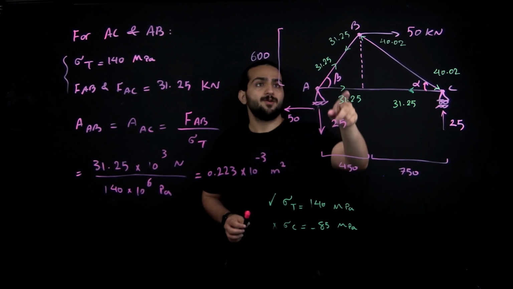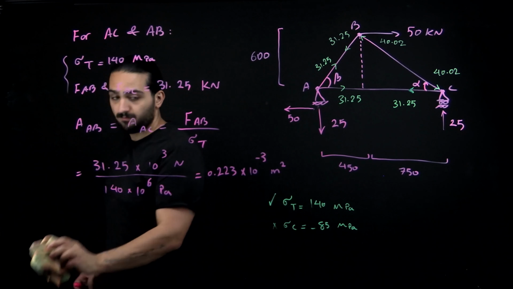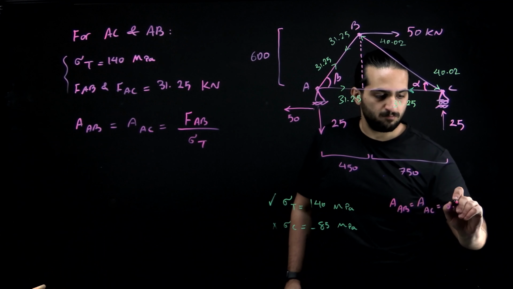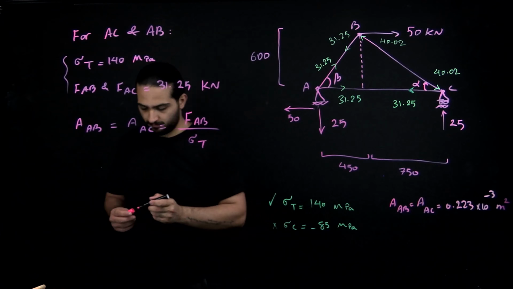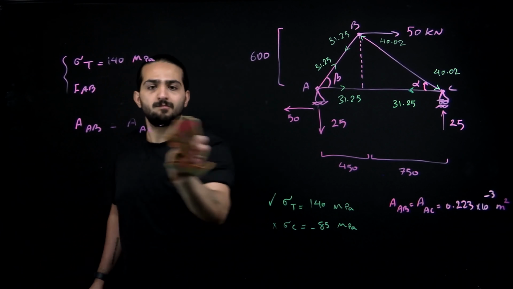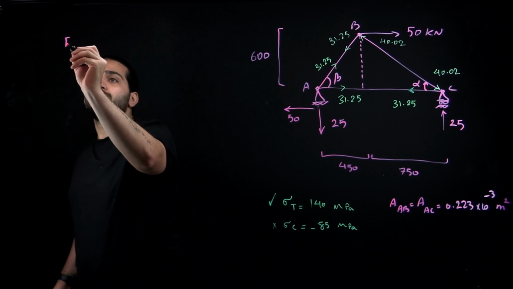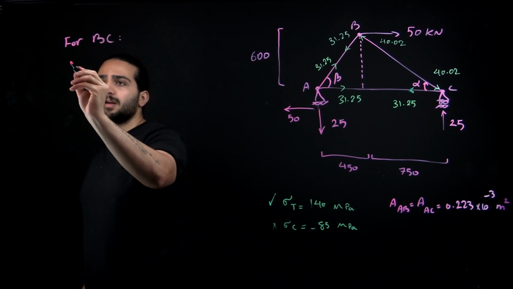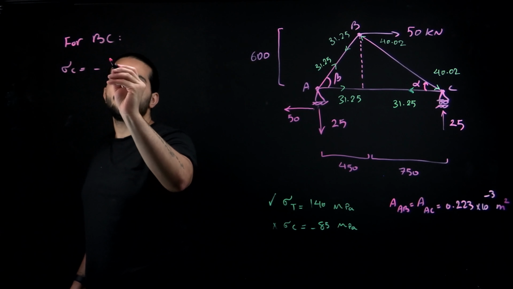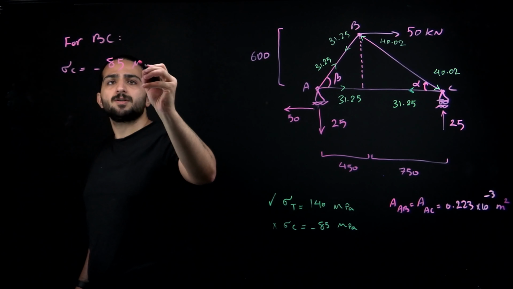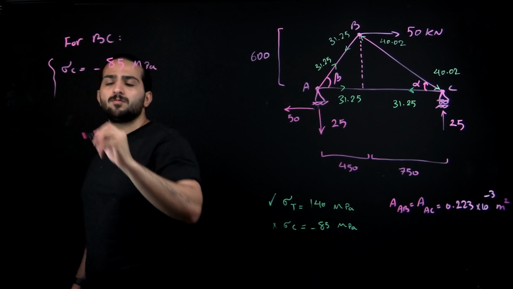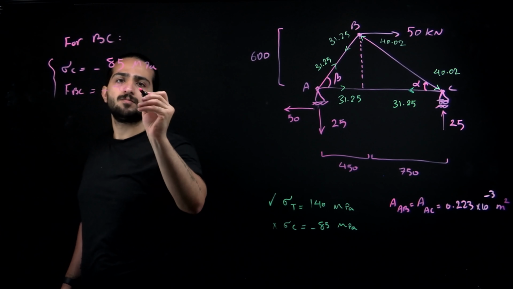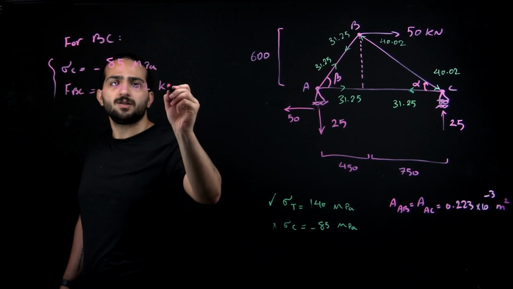And now for member BC, we can follow the same procedure. For member BC, we have sigma C equal to minus 85 megapascal, and we know FBC is minus 40.02 kilonewton.